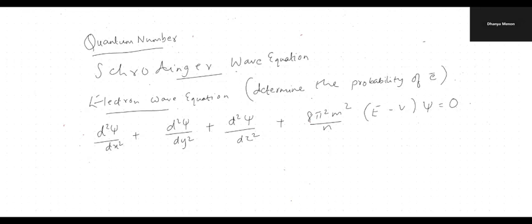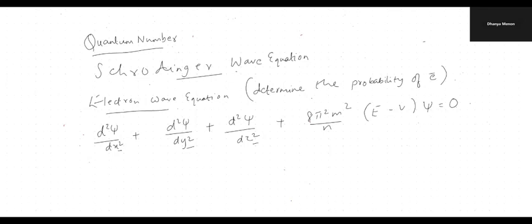But in this equation, you can see x, y, and z. These represent the 3 dimensions. So electron behaves as a wave, and the probability of finding an electron is represented by the Schrödinger wave equation.